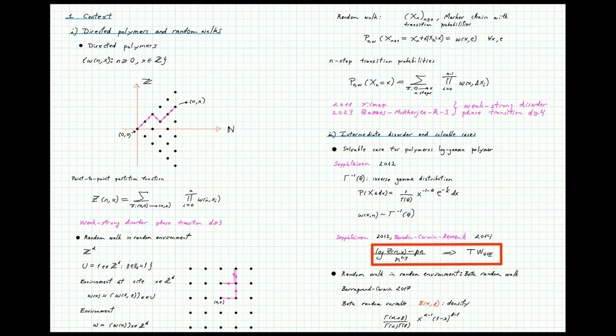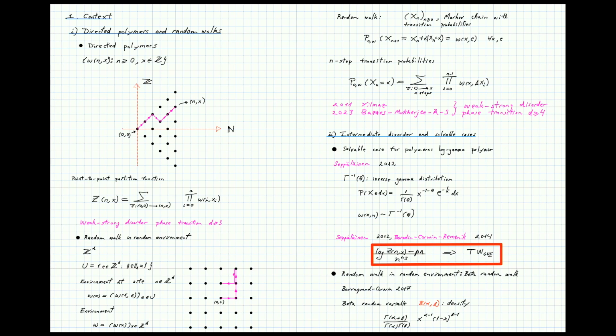The random walk in random environment model is simply a model for a random walk which in this context jumps to nearest neighbors. So from 0,0, I can jump in this picture to these 4 nearest neighbors, and the jump probabilities are random. And I will consider at some point even non-directed trajectories, which means that the random walk can come back to the same vertex several times.